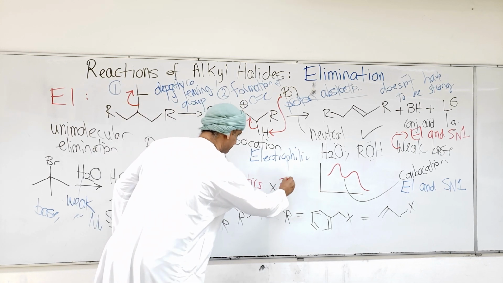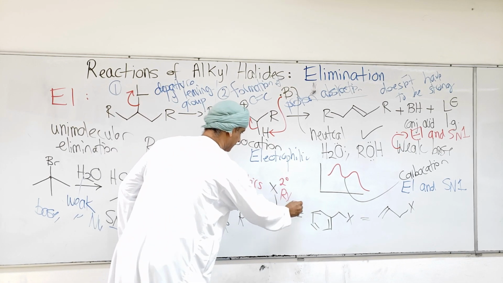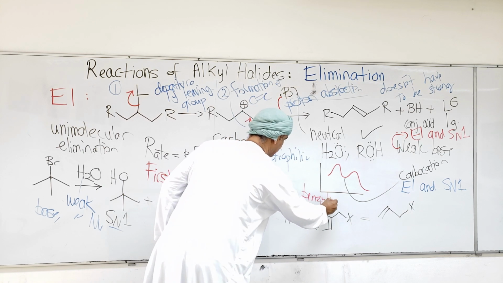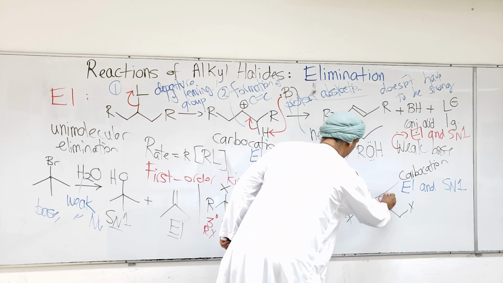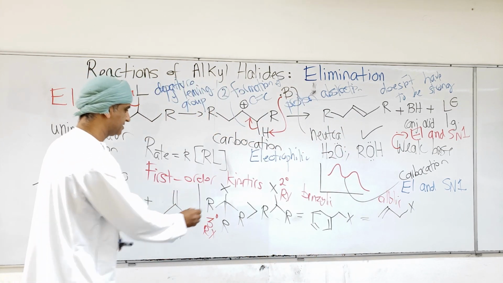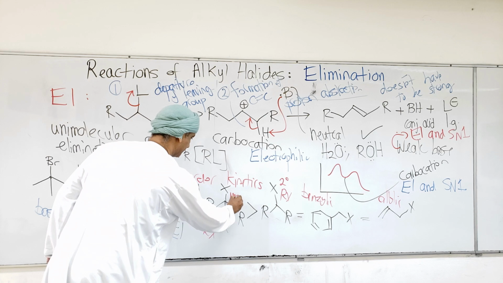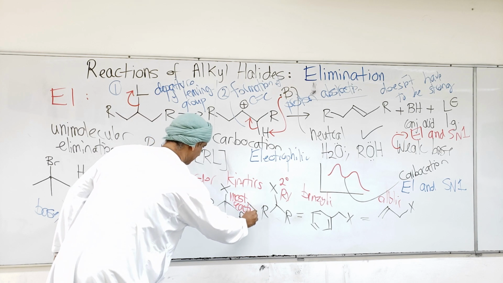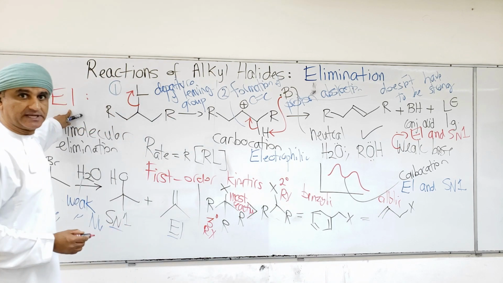This is a secondary alkyl halide. This is a benzylic halide, and this is an allylic halide. So these are the most reactive substrates in E1 reactions.